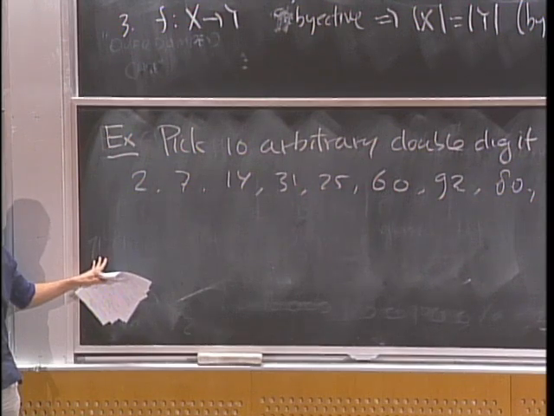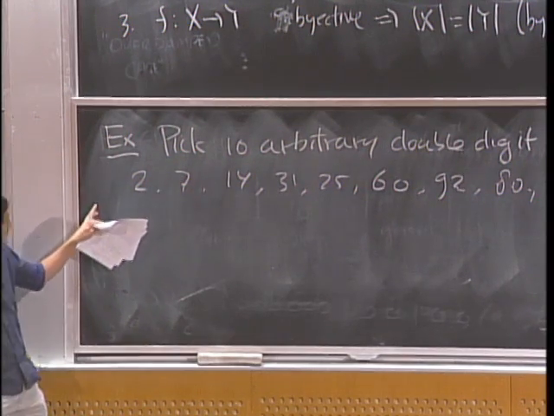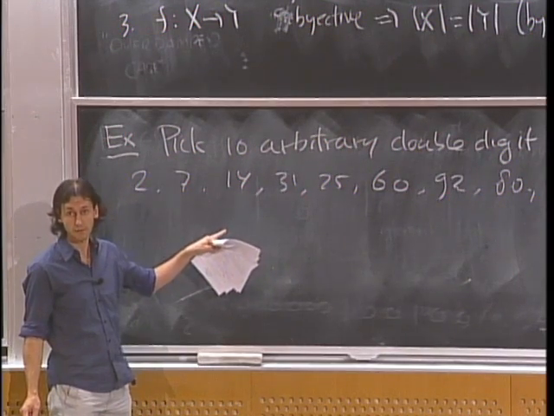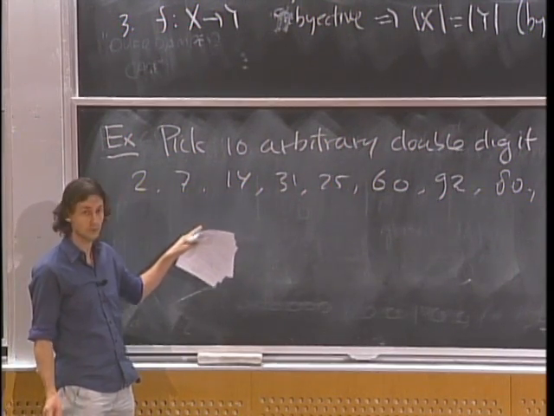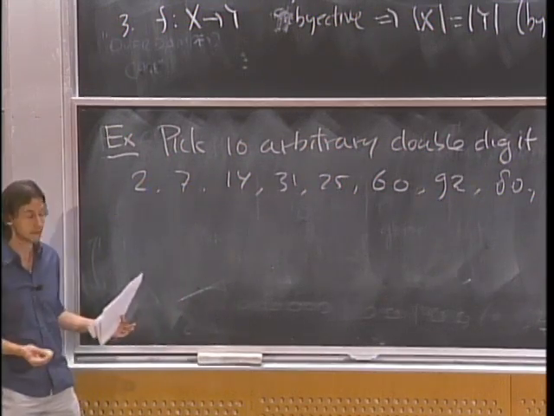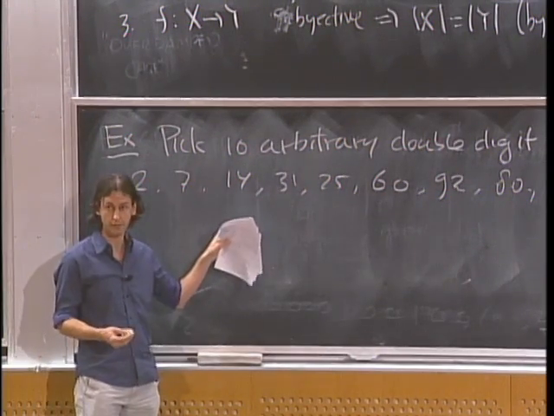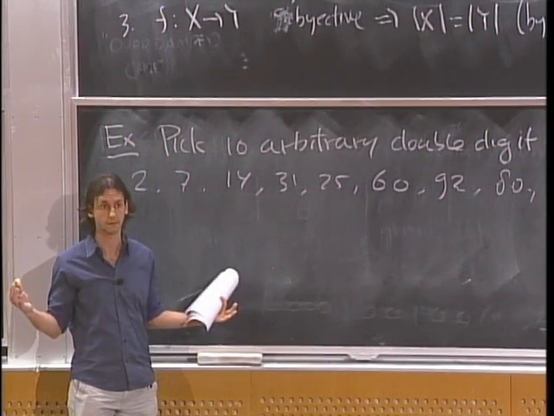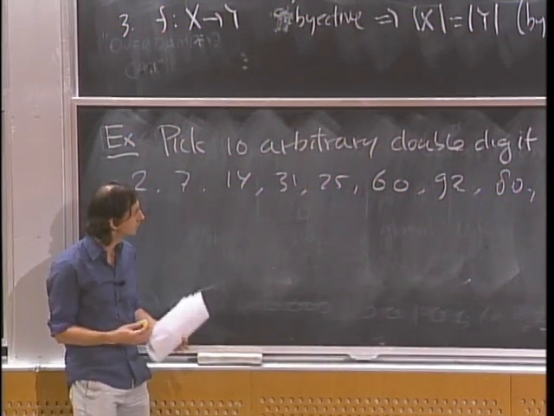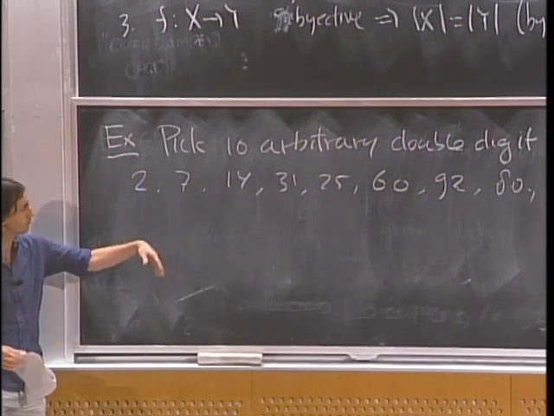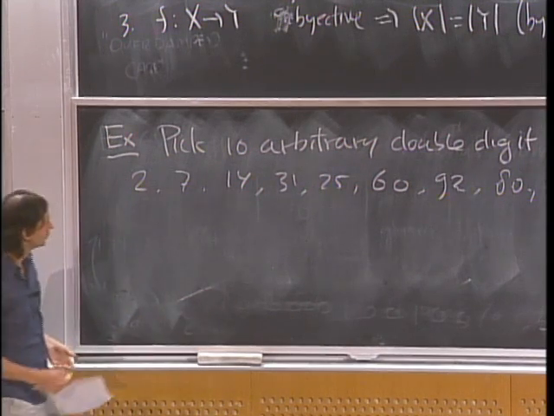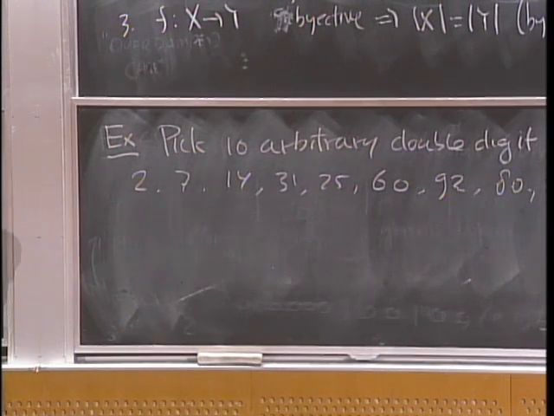It turns out that I can show to you that there are 2 subsets such that the sum of the elements of the first subset equals the sum of the elements of the second subset. Now, if you just look at 10 arbitrary double-digit numbers, it's pretty hard to figure out whether that's really true or not.